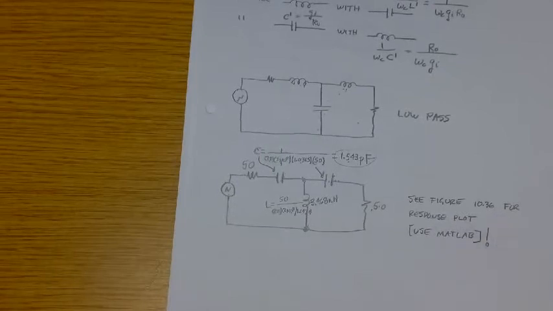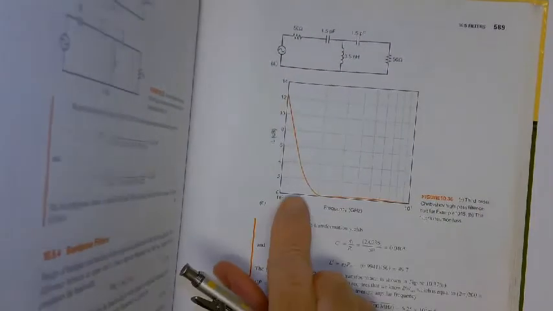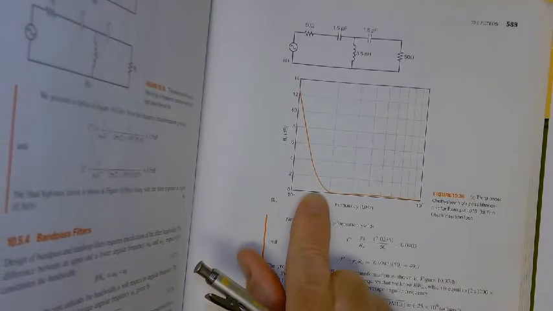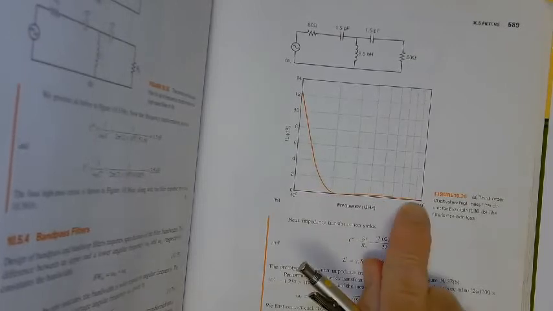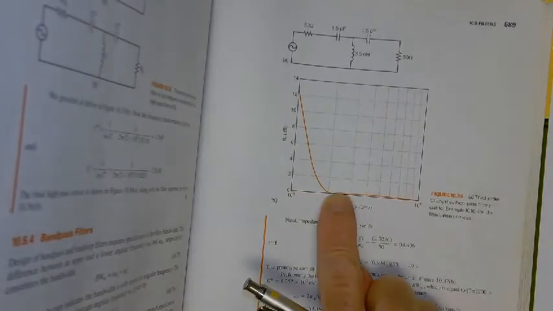So the insertion loss at high frequencies is low, but the insertion loss at low frequencies is high. So it's obviously not the ideal case. And because of the order of the filter, this thing has got slope.